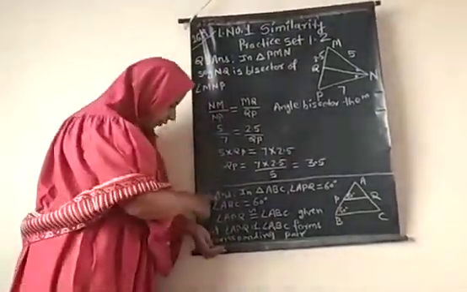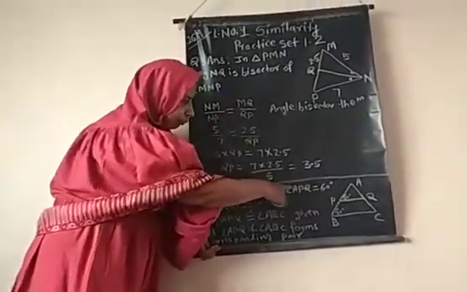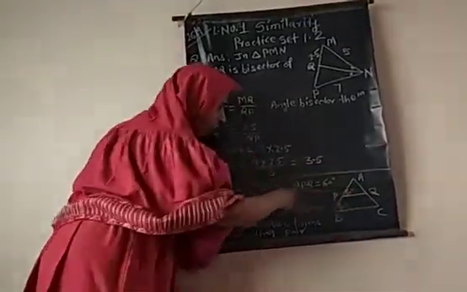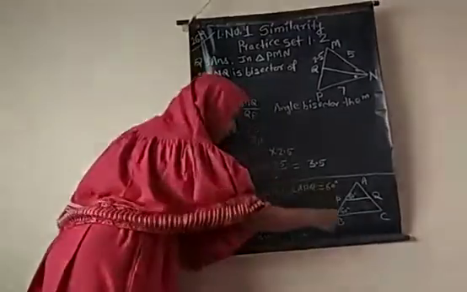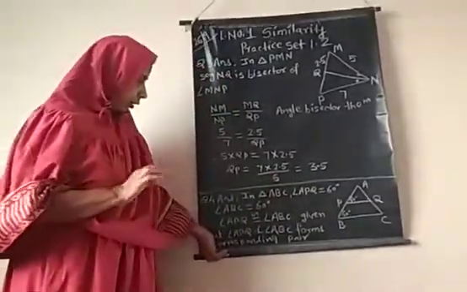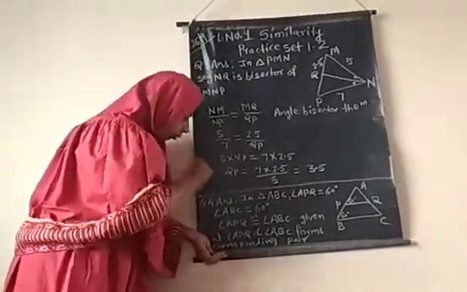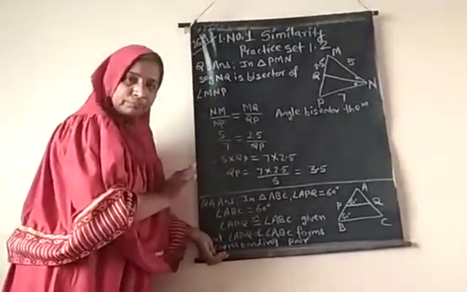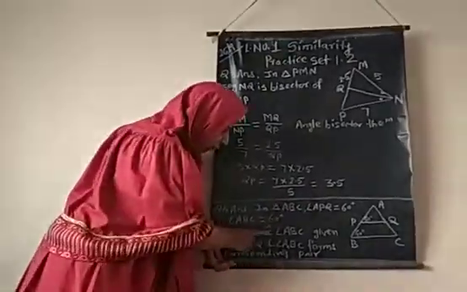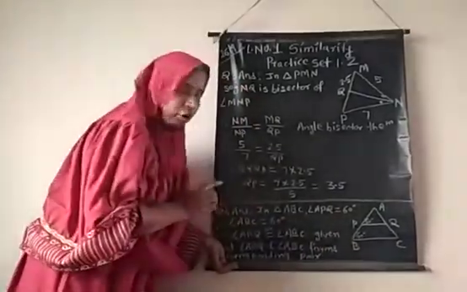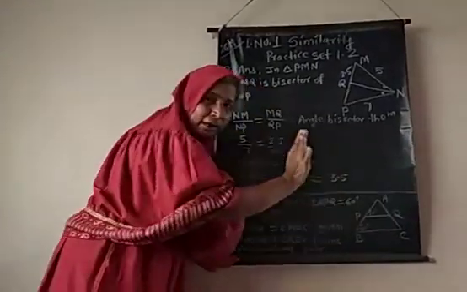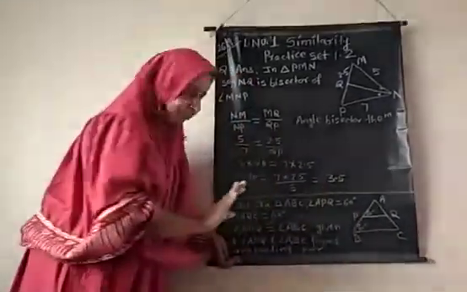Now, in this triangle ABC, angle APQ is equal to 60 degrees, angle ABC is also given 60 degrees. Therefore, these two angles are congruent. Angle APQ is congruent to angle ABC, or you can write PBC also, but the vertex is B only.